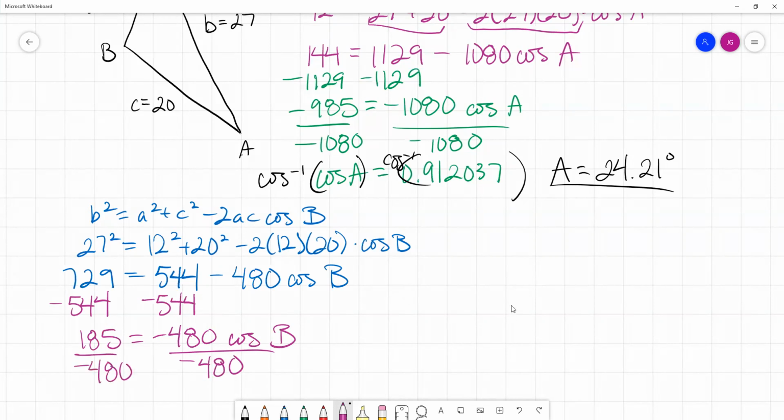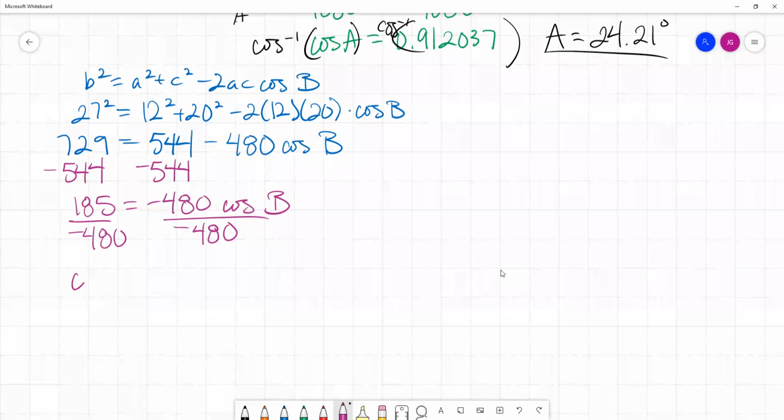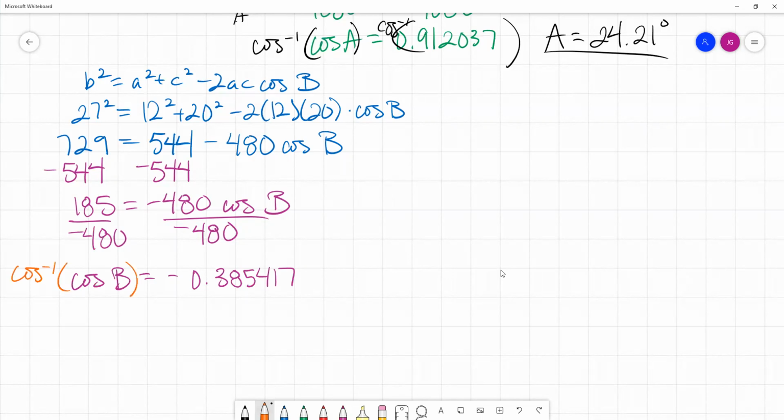And so we end up getting cosine of B is equal to 185 divided by negative 480. We get negative 0.385417. Okay, and just like we have done, we take the cosine inverse of both sides.